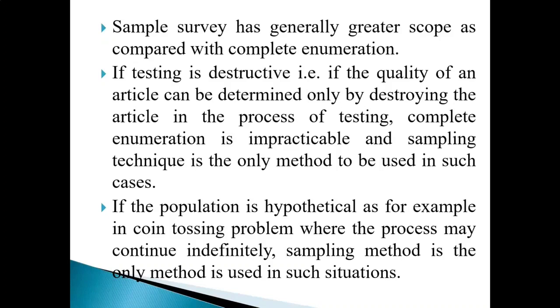So it's a hypothetical population. How many times a person tosses a coin or throws a die depends upon the person; the population may be 200, 500, 600, and so on. So in this case, the population is not constant. It's a hypothetical population, and in that type of case also, we have to use sampling.